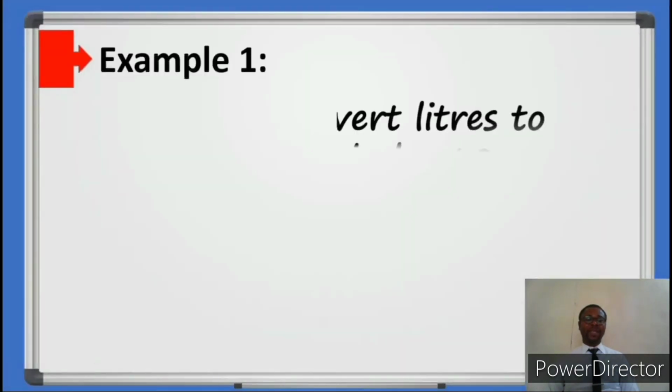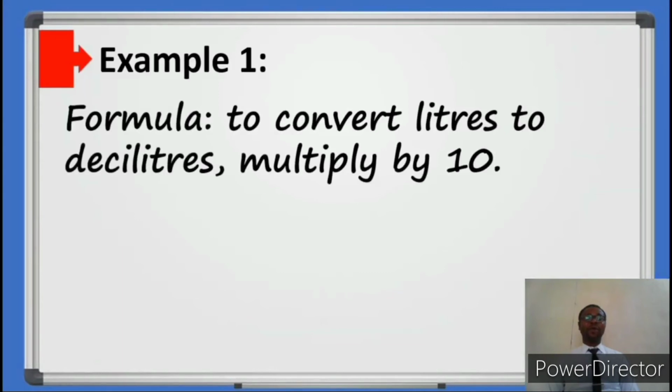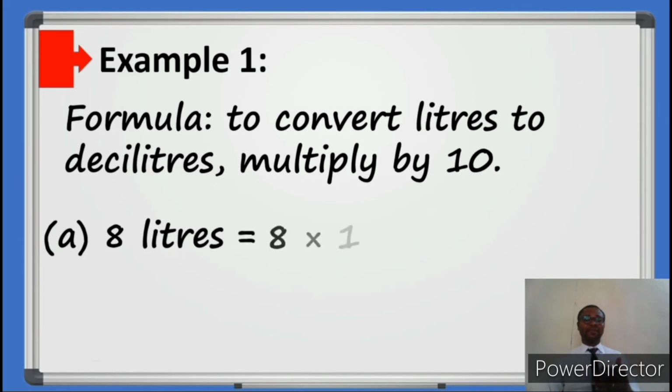Example 1a. The formula we're going to use now, since we're converting liters to deciliters, we multiply by 10 because 10 deciliters make 1 liter. So liters is bigger than deciliter. Here we have 8 liters. Now to convert these 8 liters to deciliter, we multiply the 8 by 10.